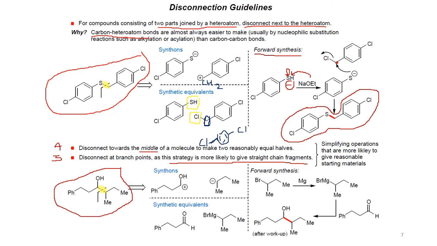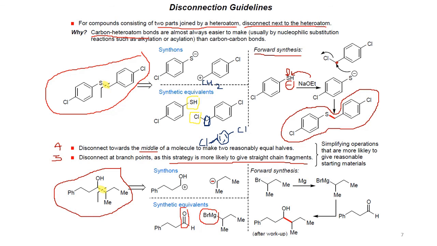You always know that when you have a C plus next to the OH, it will become a carbonyl like this, or aldehyde. And when you have a minus, it can easily be complemented by MgBr, which is the positive charge.